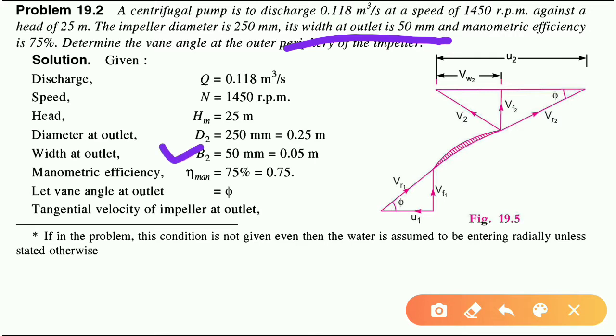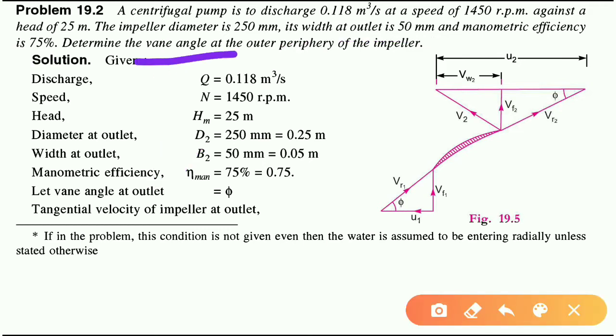Width is represented by B, as it is of the outlet, it is represented by suffix 2. So B2 is 50 mm, which in meter is equal to 0.05 meter. The manometric efficiency is also given. So efficiency eta manometric is equal to 75%, which is equal to 0.75.